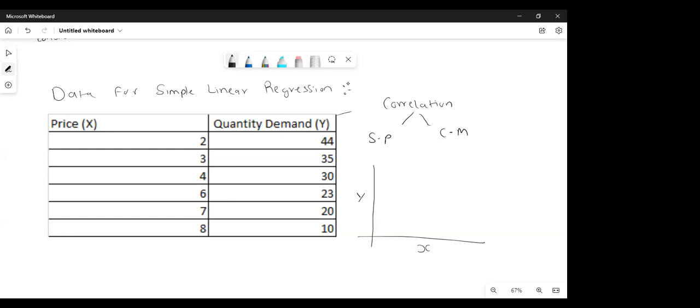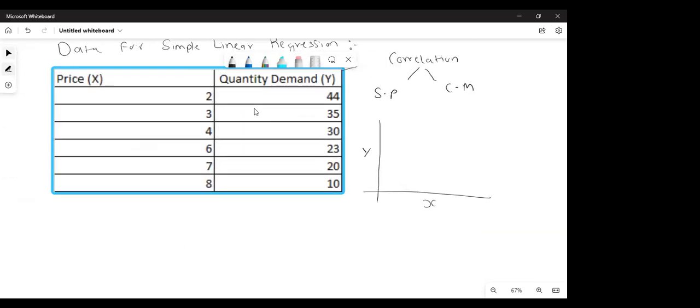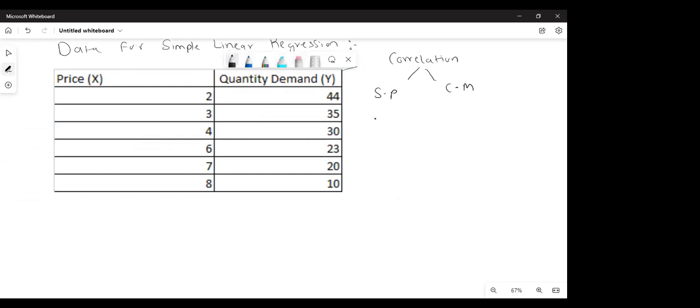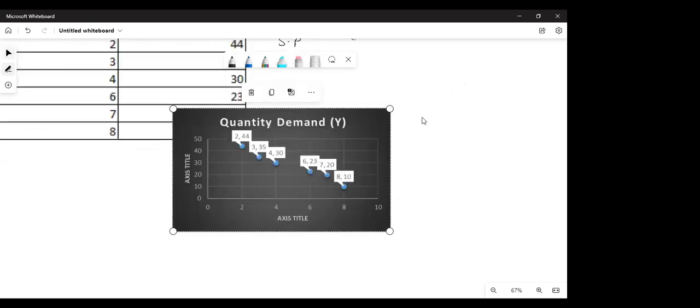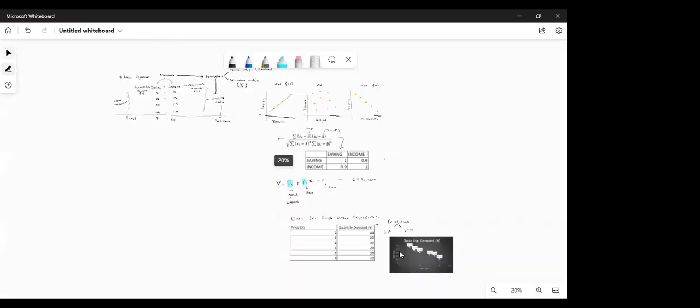So do we have a positive or negative relation? Negative. From the scatter plot, can you tell me how much percent relation we have? Can we say from the scatter plot? No. What is required, guys, at this time? Correlation matrix. To do a correlation matrix, we have certain formulas. Let me erase this part, guys.